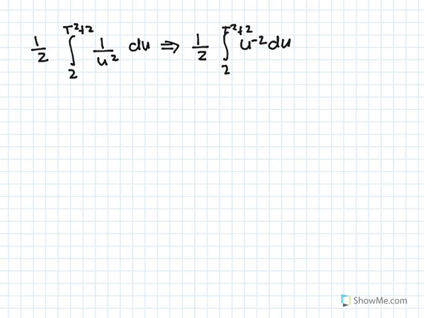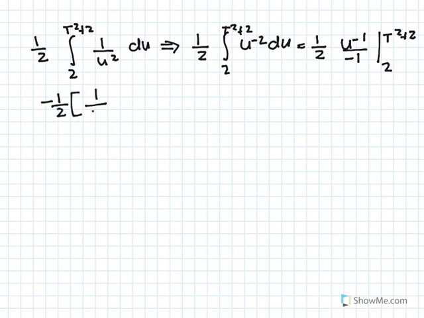When we integrate u to the minus 2, we reverse the power rule, so we get 1/2 times u to the minus 2 plus 1, which is u to the minus 1, divided by minus 1, from 2 to t squared plus 2. So we get negative 1/2, simplifying, times 1 over u, evaluated from 2 up to t squared plus 2.